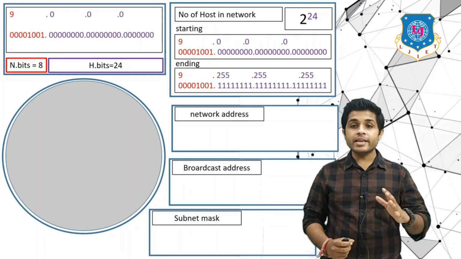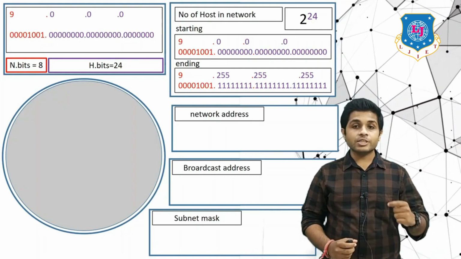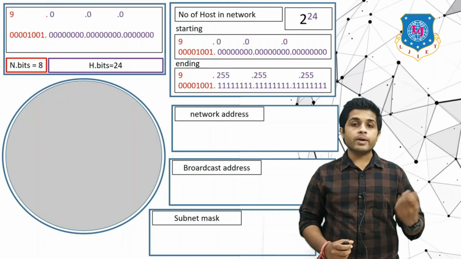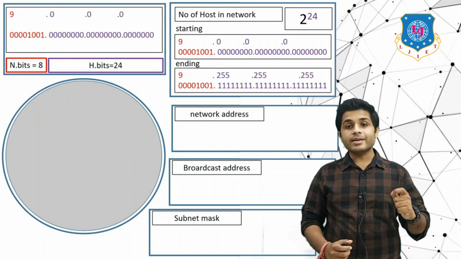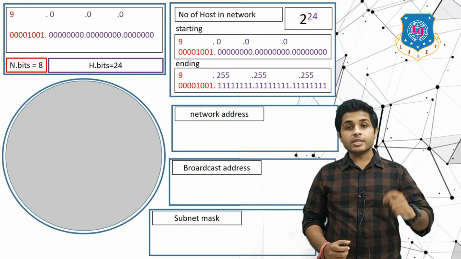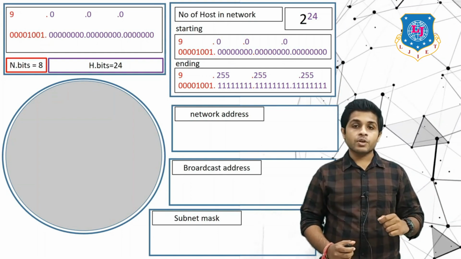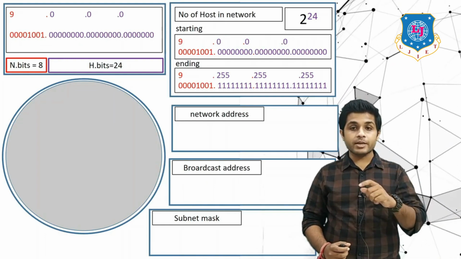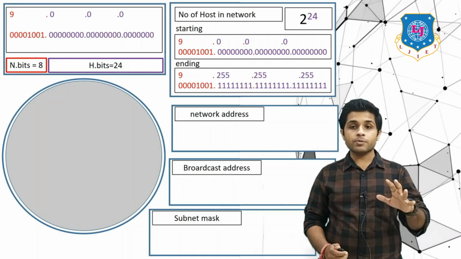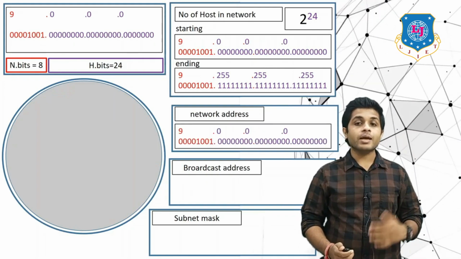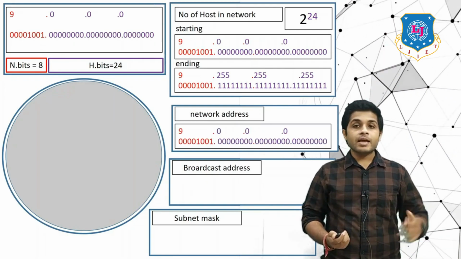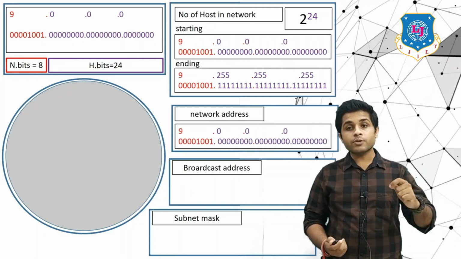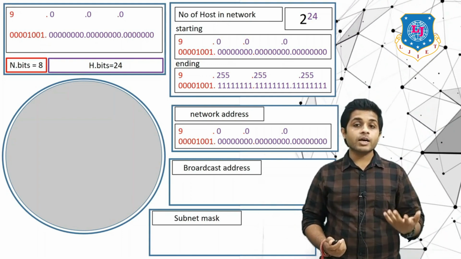In any network, the first and the last address are never allocated to any device, because the first address in the network represents the whole network. So 9.0.0.0 is the IP address that represents the whole network, and that is why it is known as the network address. The last address in the network is known as the broadcast address.